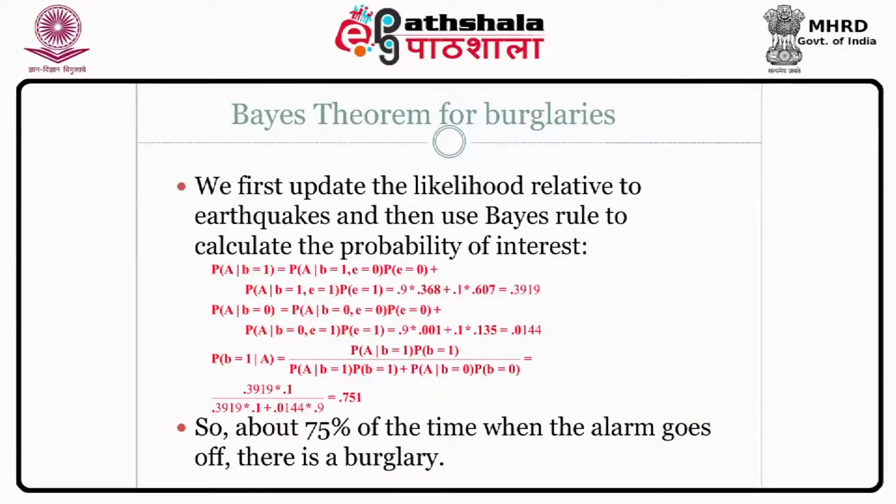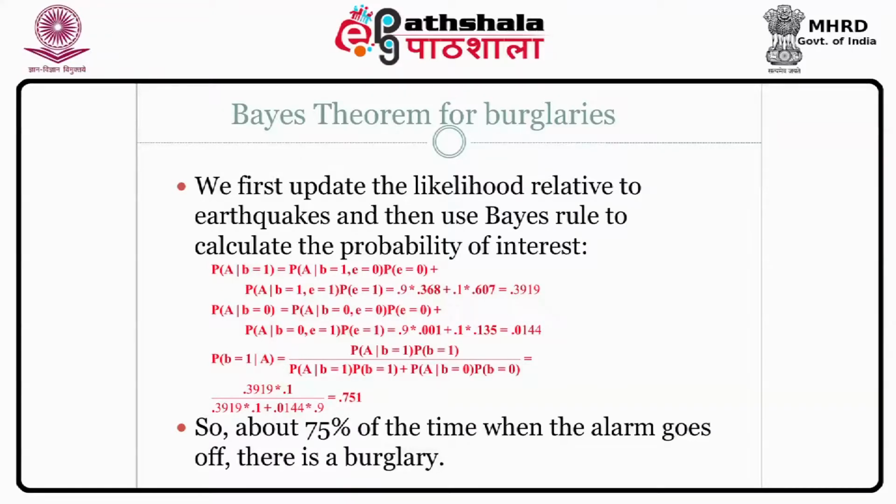Similarly, the chance that the alarm rings given that burglary doesn't occur is computed in a very similar way to be 0.0144. So I use the Bayes theorem here, and then I find out the probability that burglary occurs given that the alarm rings.